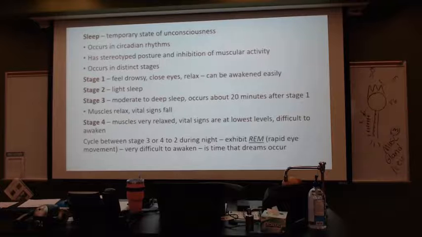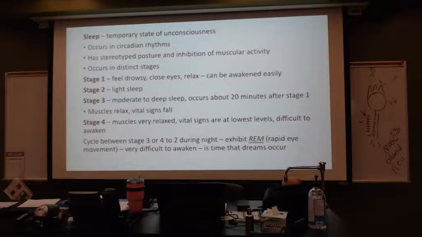When we don't get enough sleep, or when our sleep is very disrupted, like in times of stress, we might lay there thinking about, oh, tomorrow this bill is due, or I've got to do this tomorrow, I don't really want to do it. Anything that can disrupt the sleep is going to disrupt these cycles, which in turn disrupts all the other good things that can happen to the body during maintenance.